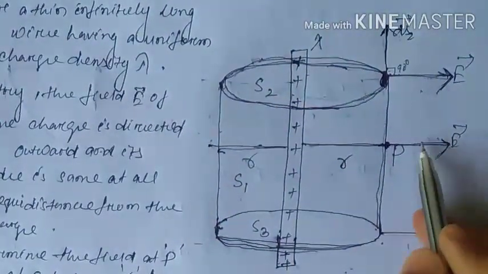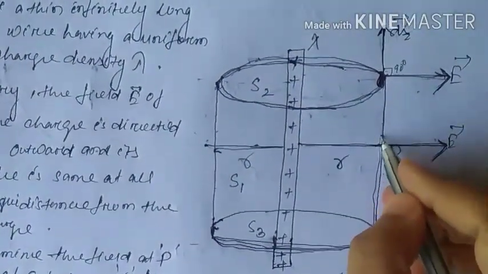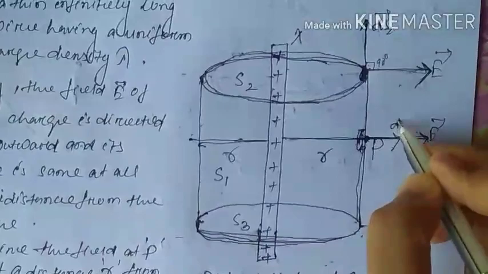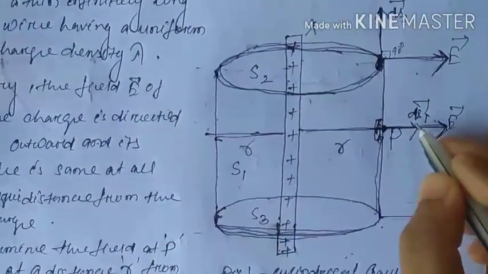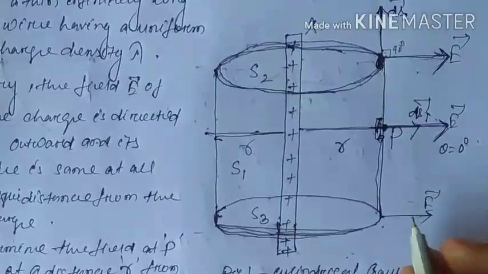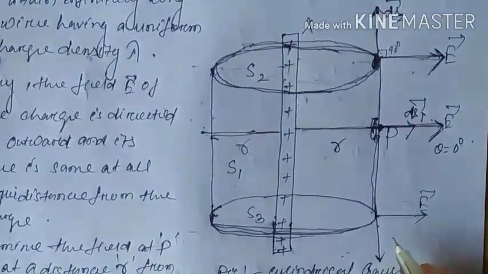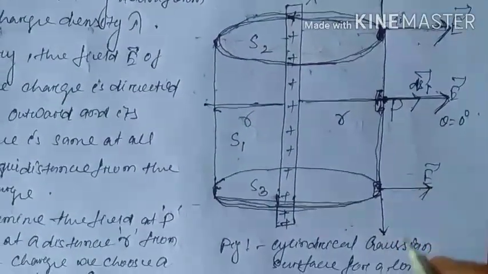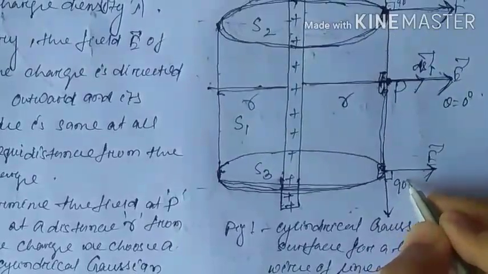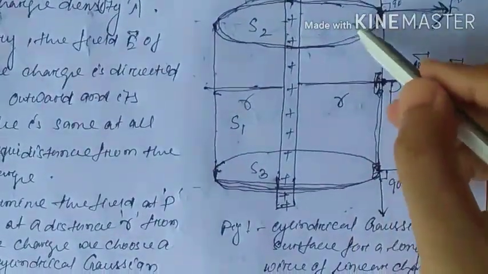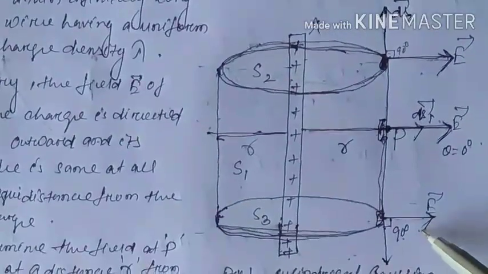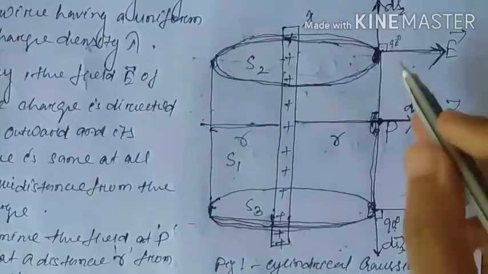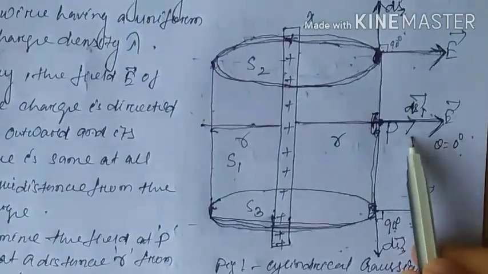For surface S1, here is the electric field direction, the area vector dS1 is also in this direction, so they are parallel, so theta is equal to 0 degree. For this flat surface S3, the area vector is perpendicular to E, so here also it is 90 degree, right? For these two flat surfaces, the angle between the electric field and area vector is 90 degree, and it is 0 degree for the curved surface.